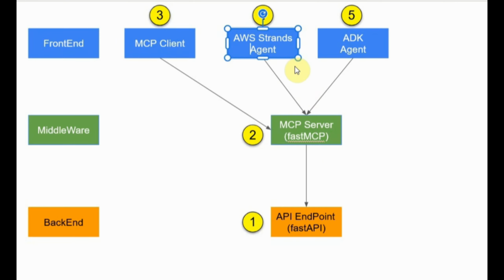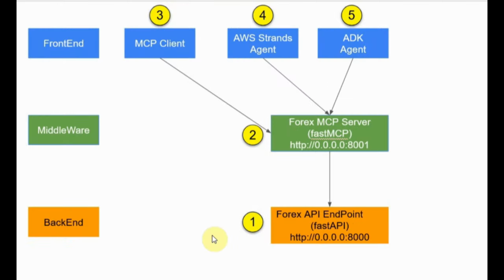So you can get the details of how AWS Strands agents are developed and how to define the models there. There will be links to these videos in the description, and also you will see the video card here in the video itself. So far we have completed these 5 steps, and this is the setup.